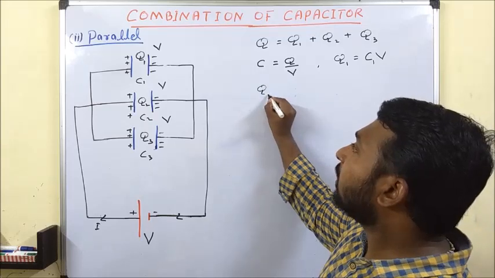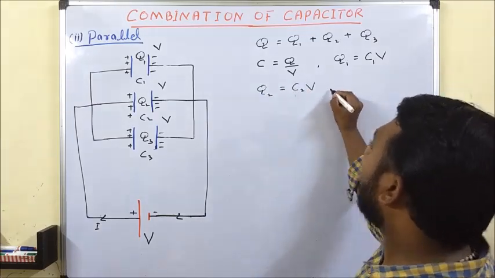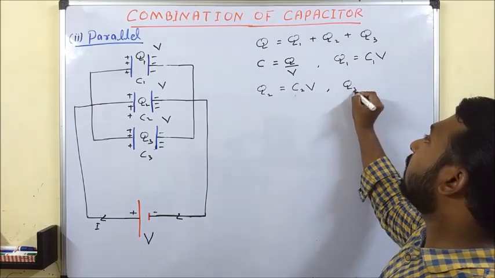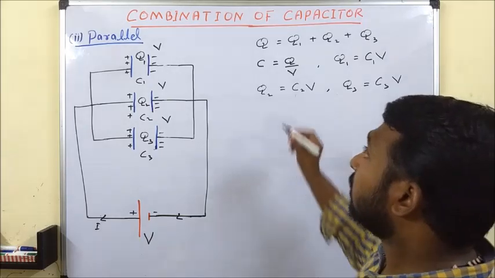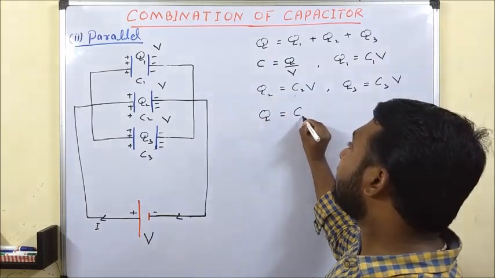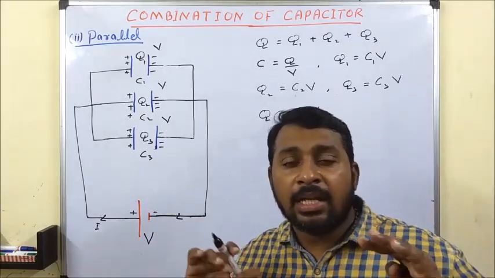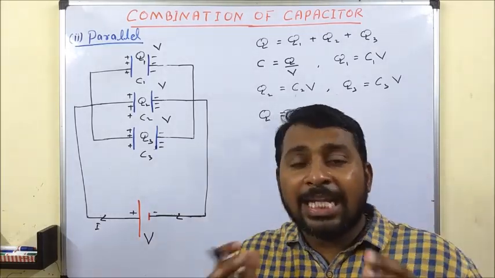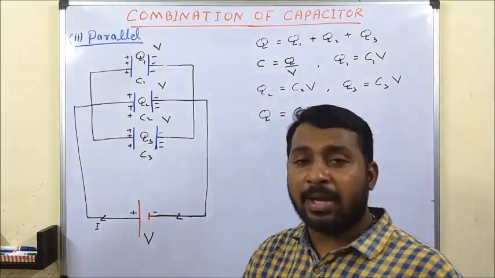Similarly, Q2 is equal to C2 V, and Q3 is equal to C3 V, and what will be the net charge stored? That will be CP V. CP is the net equivalent capacitance of the system of capacitors.